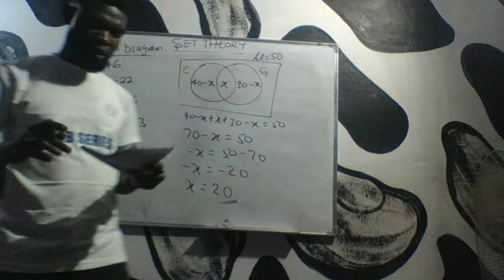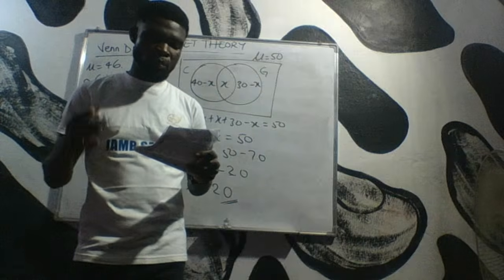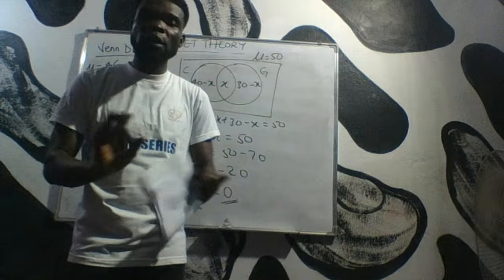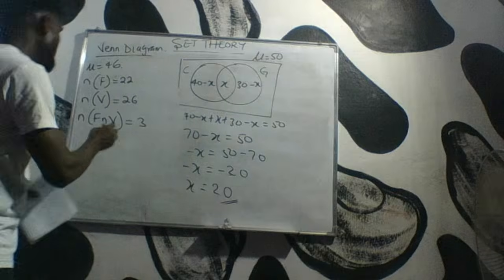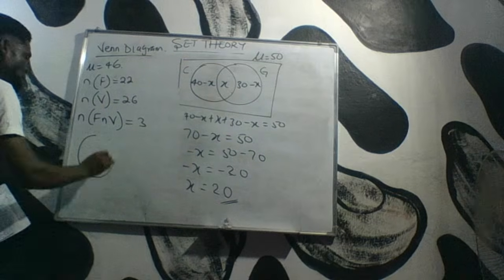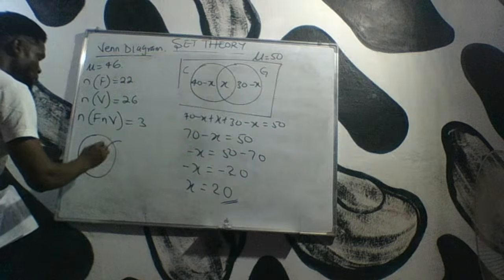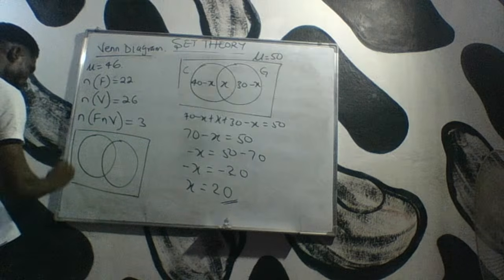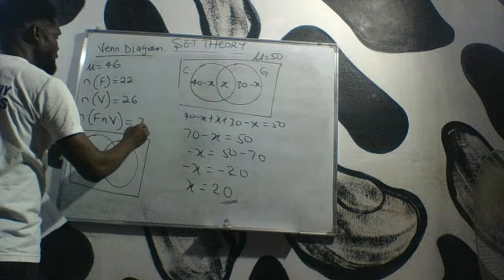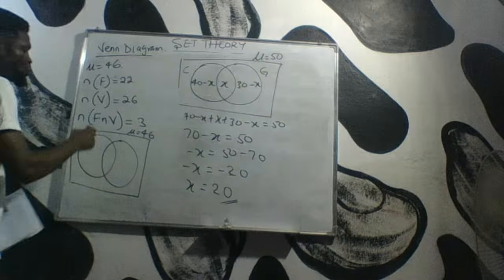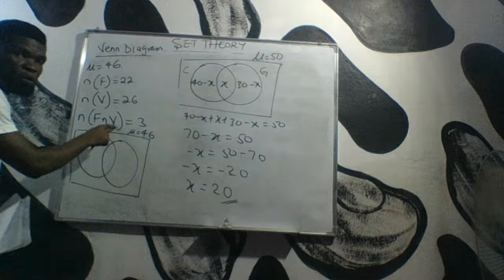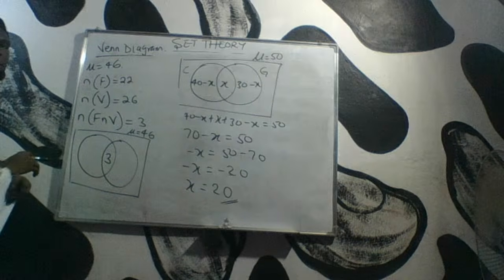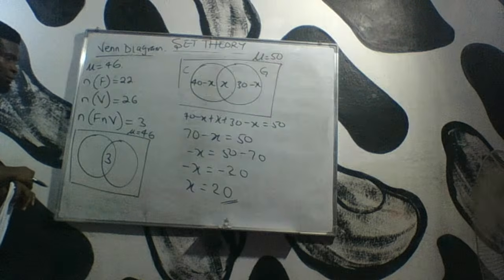And the question is, how many play none of the games? If you put this in a Venn diagram, this is football, this is volleyball. The total number of students in the class is 46. The number that play football and volleyball is 3, so you put 3 here. That's the first thing you must find.